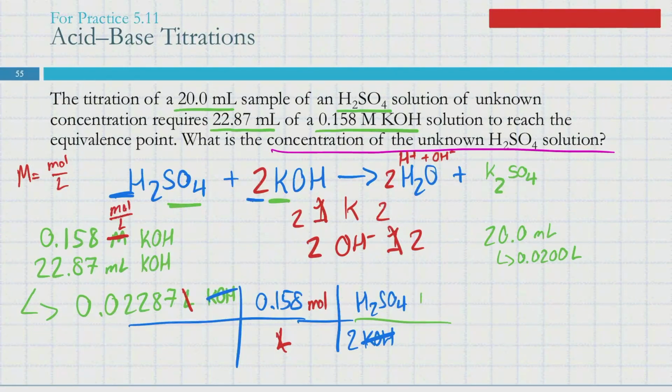So you can either get an answer out and then divide by the volume, or you can just do it all in one step, like I'm doing here. So this gives us units of moles over liters, H2SO4.